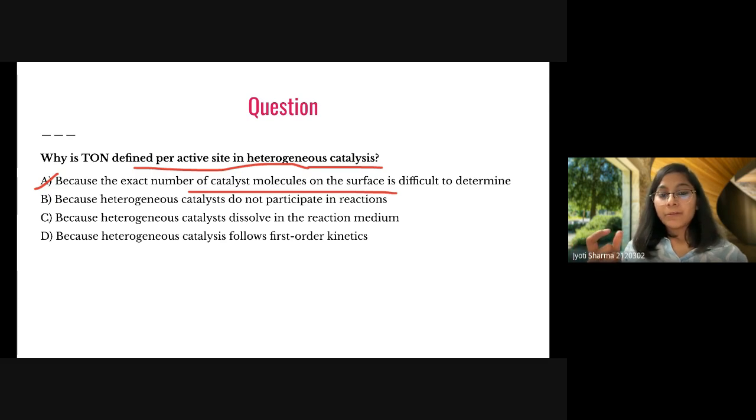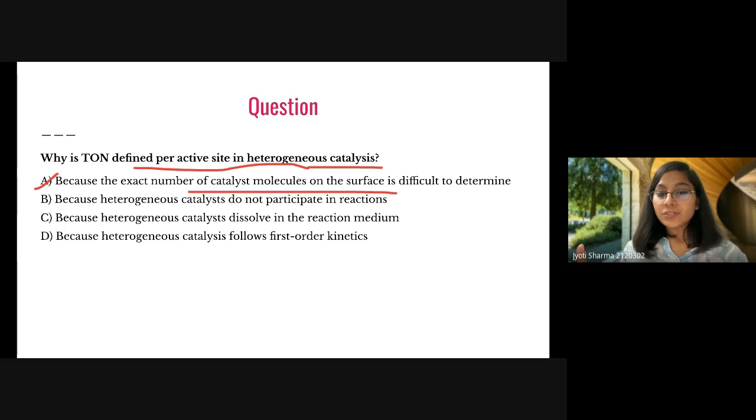For example, if we want to have the reaction of a solid reactant, and we are using a solid catalyst as well, this will give you homogeneous because the phase is same, solid versus solid.